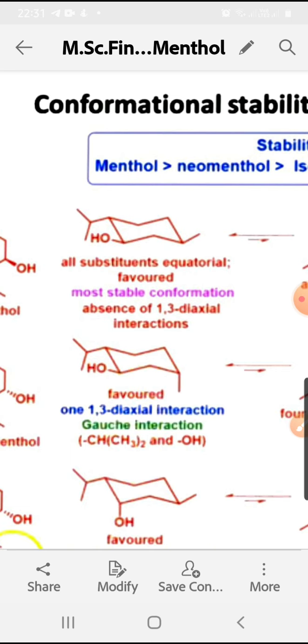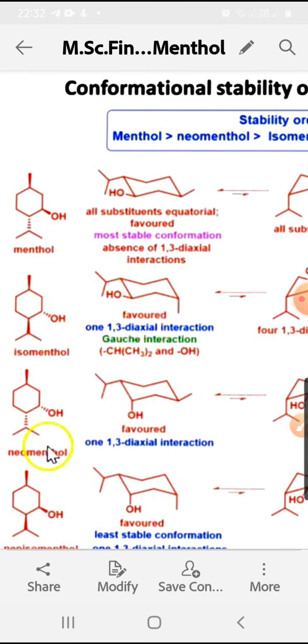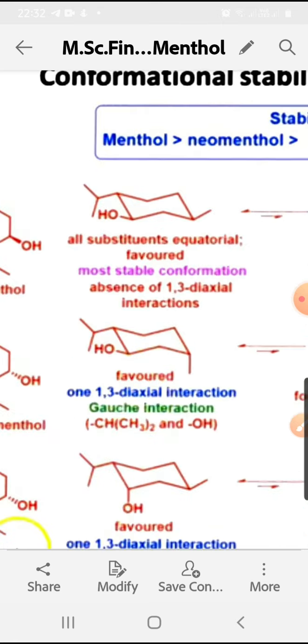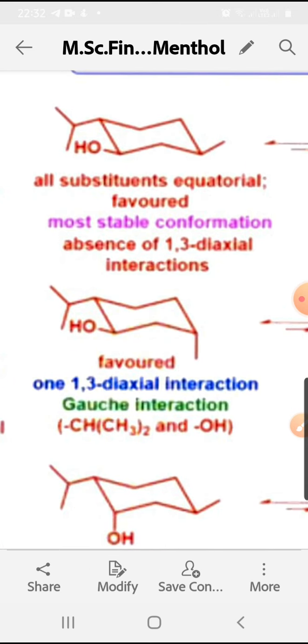So in all the cases, we have written the isopropyl group in the equatorial position, and accordingly we adjusted the positions of the hydroxyl group and methyl group. In menthol, all substituents are in equatorial position, whereas in the remaining isomers at least one substituent is in axial position.